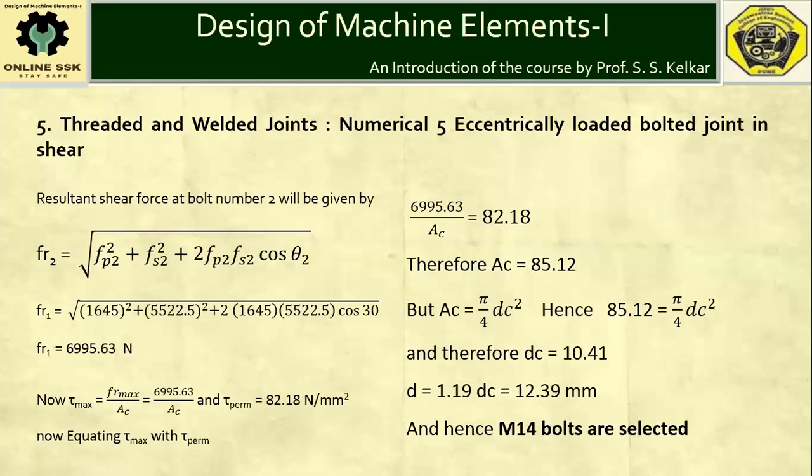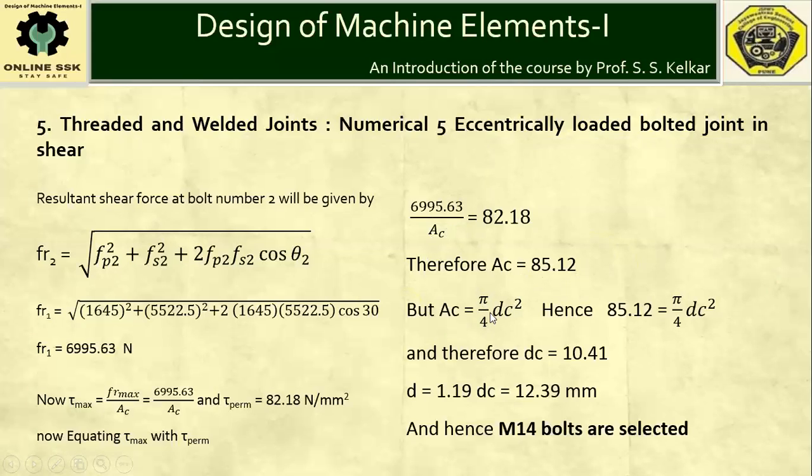So we are now in position to equate tau max with tau permissible. While equating, tau permissible is 82.18 and tau max is 6995.63 divided by AC. AC is the core cross-sectional area. So while equating tau max with tau permissible, AC is the only unknown. Value of AC is calculated as 85.12.